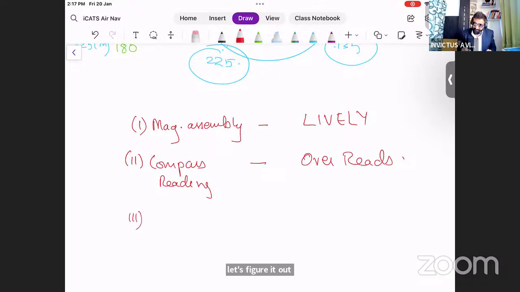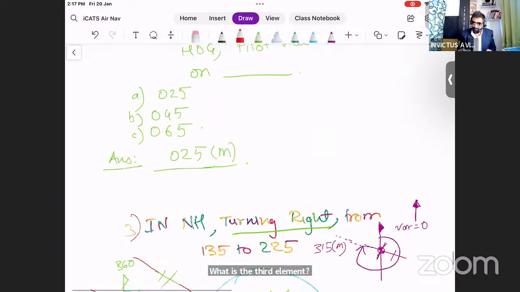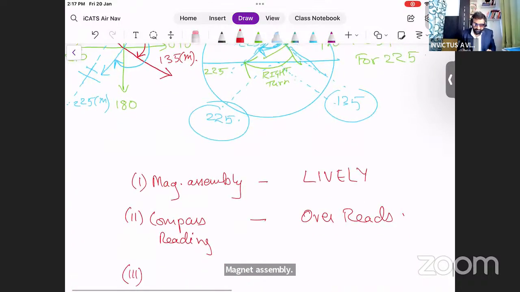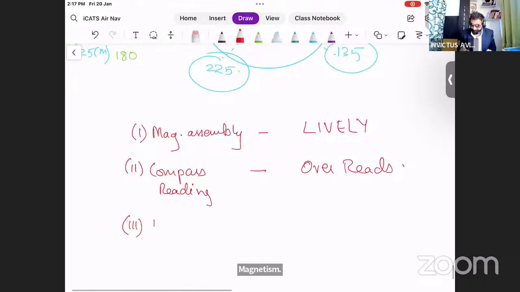What is the third element? Magnet assembly movement. Thank you. Magnet assembly movement, or you can also add rotation.